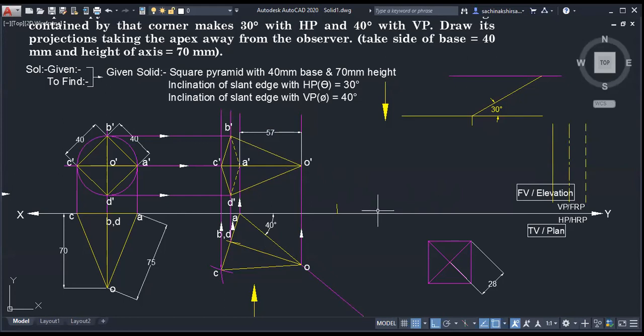A dash O dash becomes 57. So you can draw an arc of 57. It will cut that line somewhere. You can join with this and measure beta.